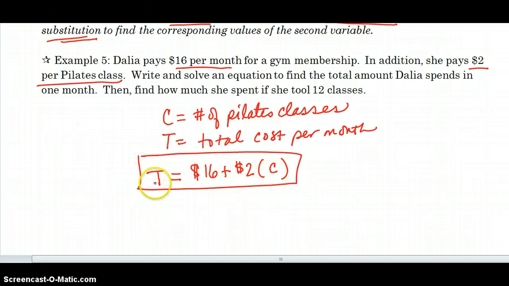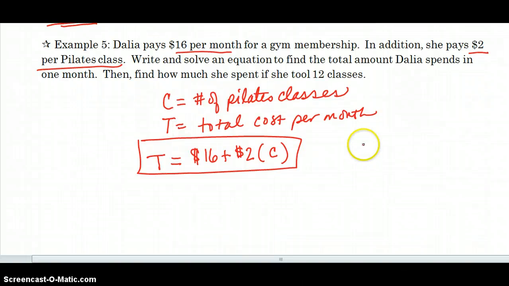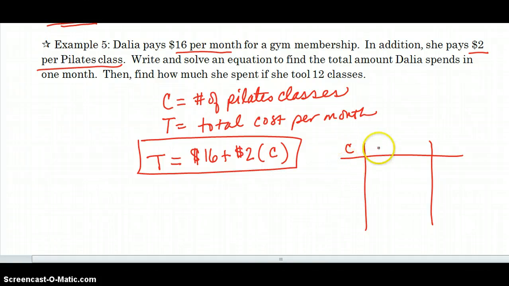I have two variables. So it's suggested in italics that we make a table. And a table would look something like this, where C stands for the number of classes she takes. Our process is going to be $16 plus 2 times C, that's dollars also, and that's going to give us our total per month.